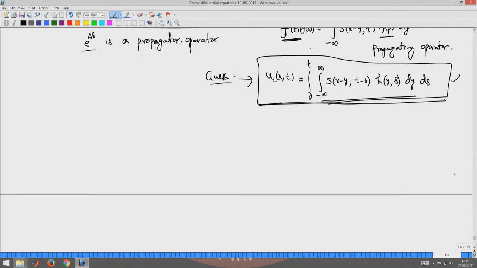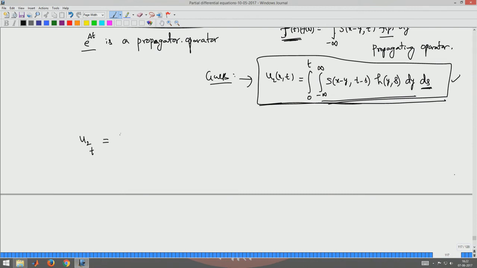So, for that you calculate u2t of x, t. I am differentiating with respect to t. If you differentiate using the Leibniz rule, d by dt of t is 1, and wherever s is there, s is the integrating variable for this integral from 0 to t, you put t.